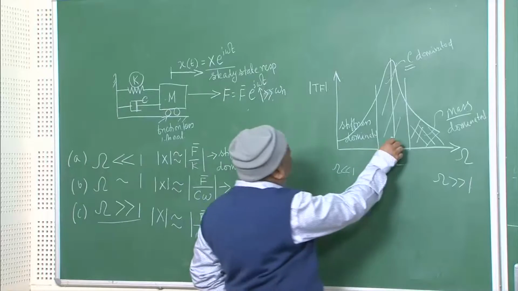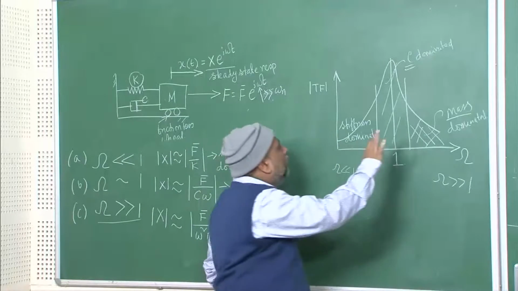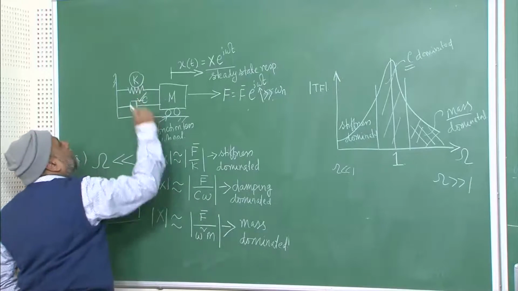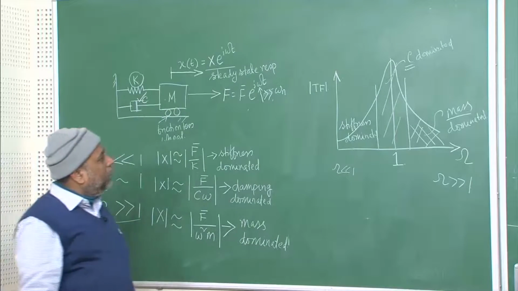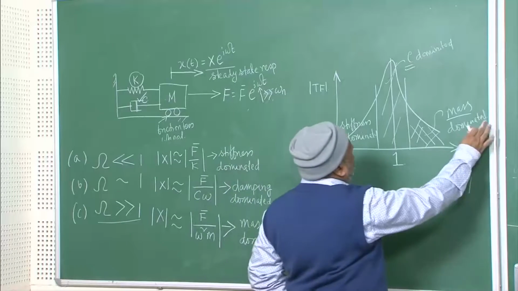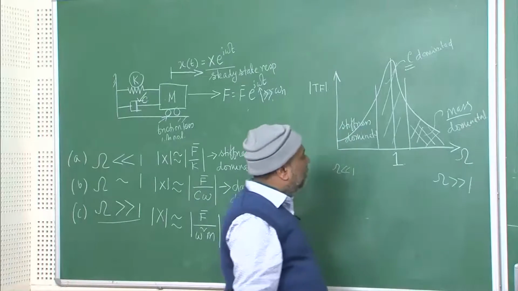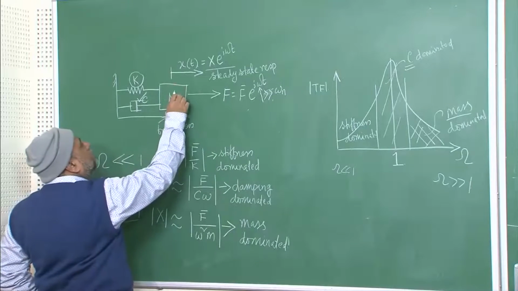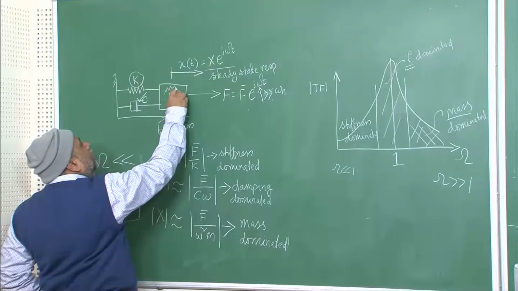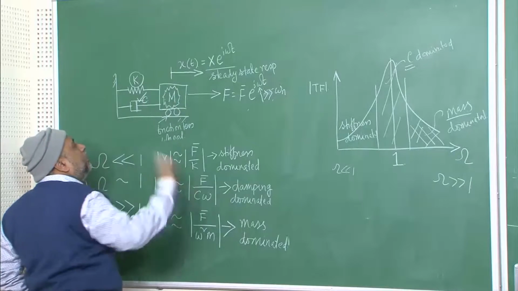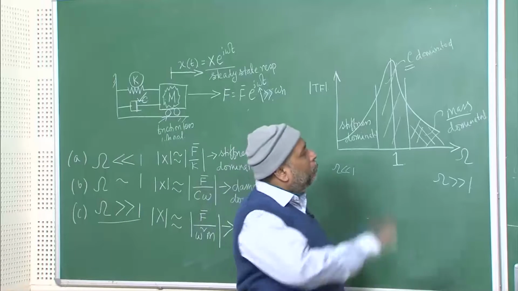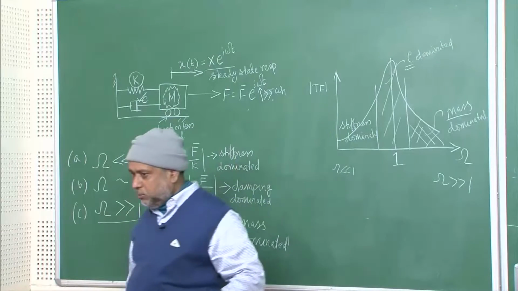If I come close to the resonance, we should not look into stiffness or mass, it is only the damping constant which will be important. If we come to the right hand side where the excitation frequency is much greater than unity, then the entire response of the system will be dominated by the mass only, nothing else will have impact on the system. So, we can prove it with the help of all these basic definitions of the system. Thank you.